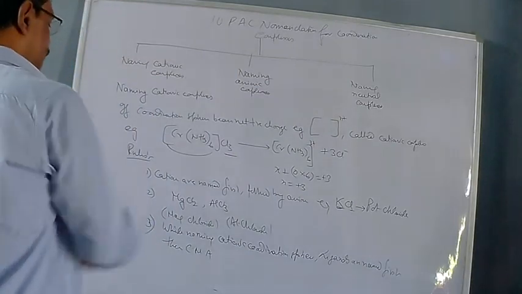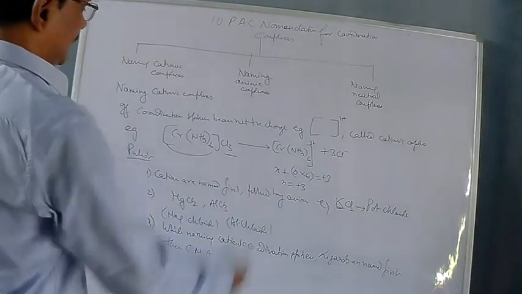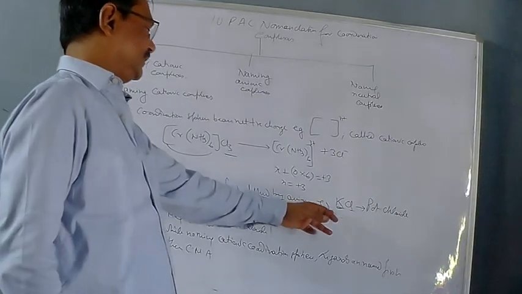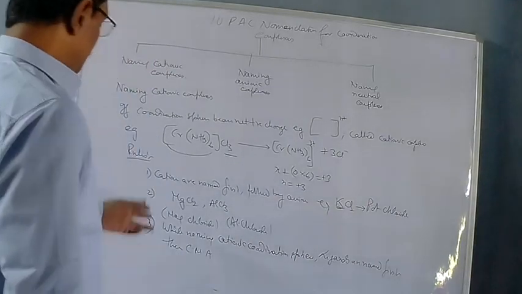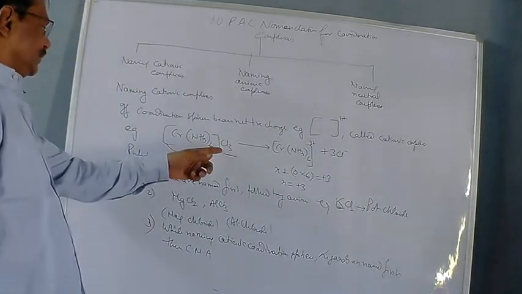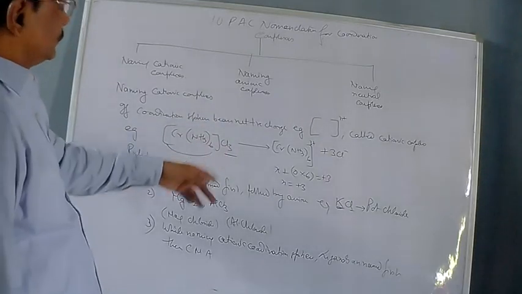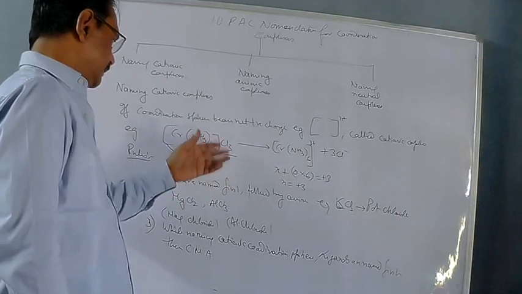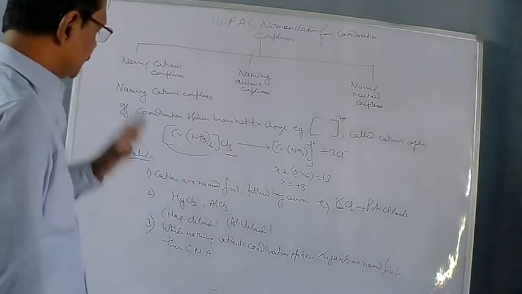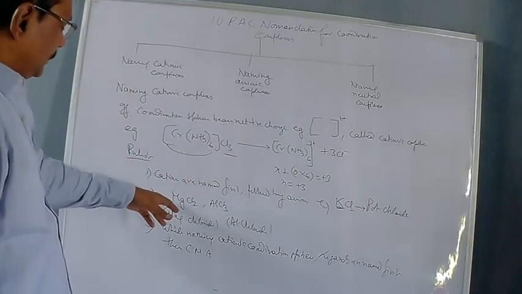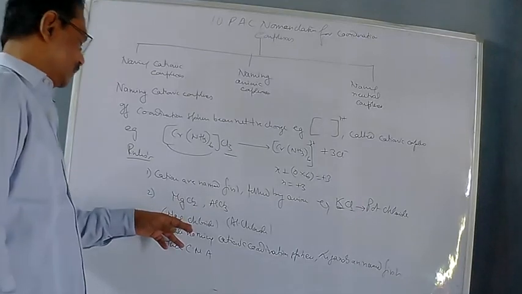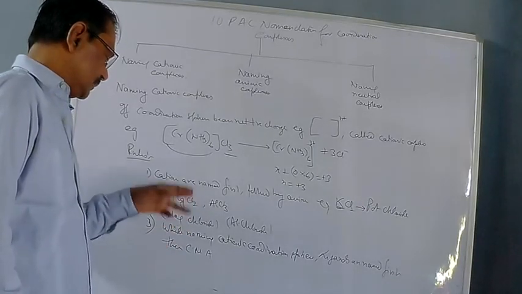So class, I repeat the rules again. Cations are named first, followed by anions. I have given you an example, KCl, potassium chloride. Then if you get a formula like Cl3 or Cl4 or Cl5, we are not going to write trichloride, tetrachloride or pentachloride. We simply say chloride. MgCl2 is simply magnesium chloride, never magnesium dichloride.